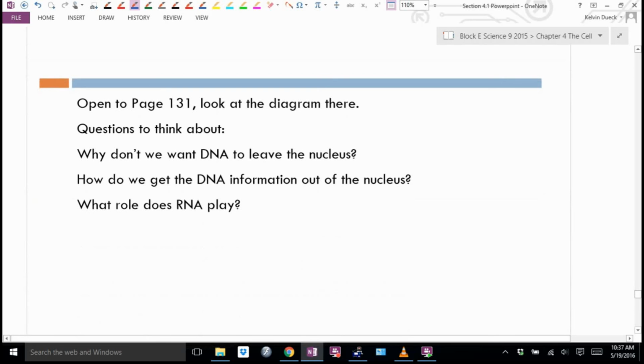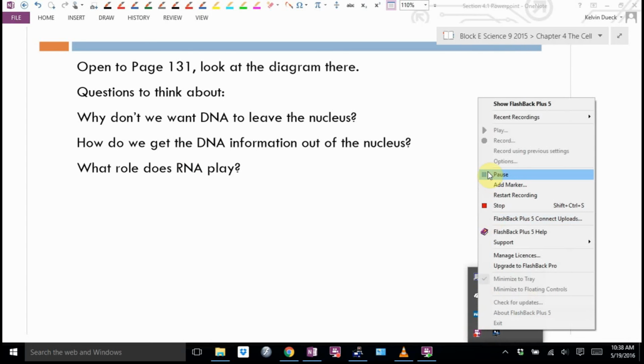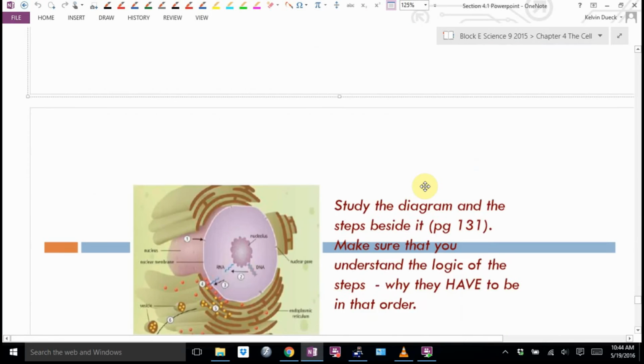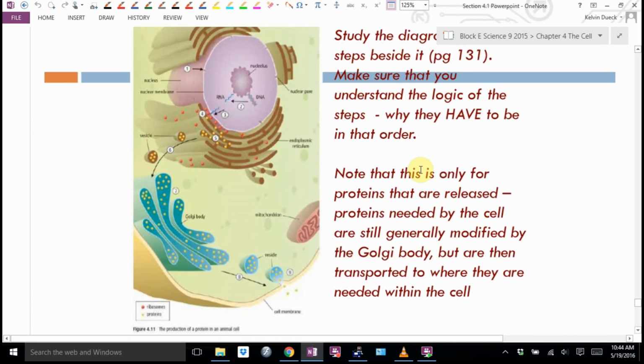So open to page 131, look at the diagram there. Here are some questions that we're going to think about in just a second. I'm going to pause the video. We're going to talk about this, and let me find the page. Okay, so I wrote down here, study the diagram. Make sure you understand the logic of the steps, why they have to be in that order. I might feel comfortable giving you some of those steps and just saying, put them in the right order.